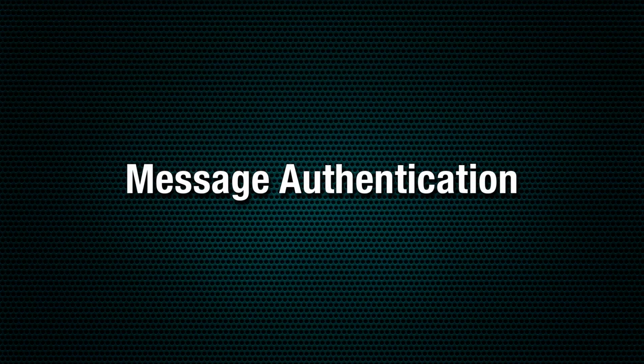Message authentication. Whenever the integrity is maintained during digital communication, it can guarantee that the message was not altered in the middle of communication. But this process does not make sure that the message came from the intended sender. The process to make sure that the message came from the right person is called message authentication.